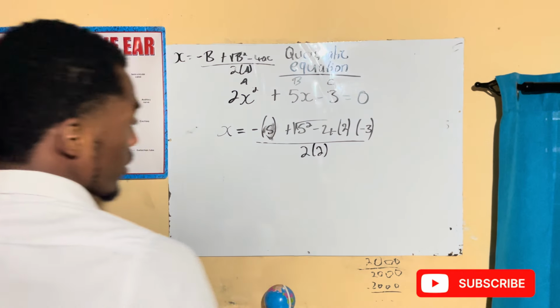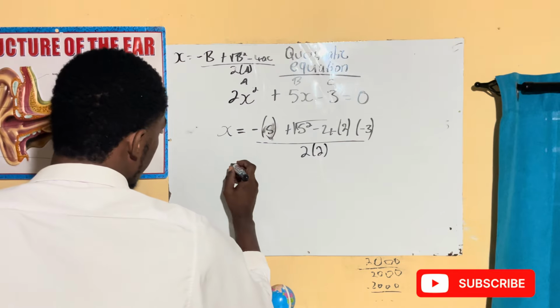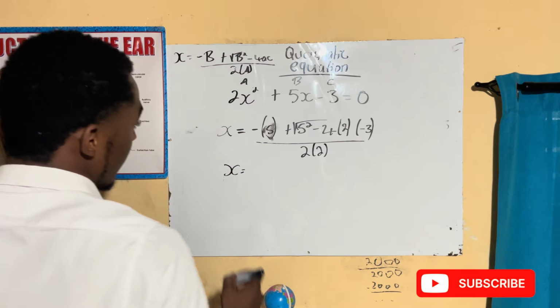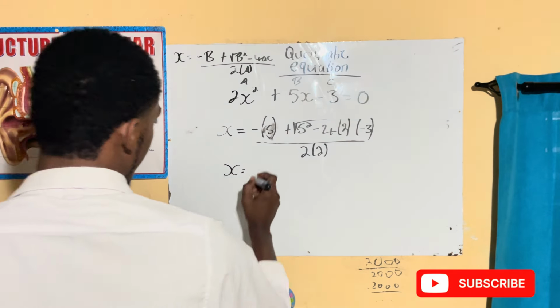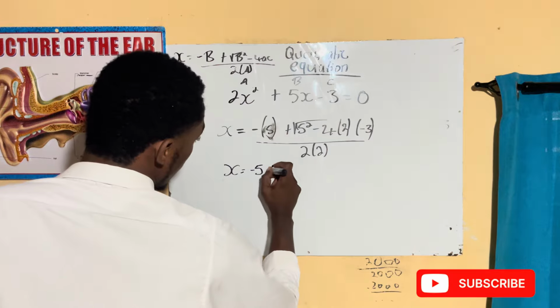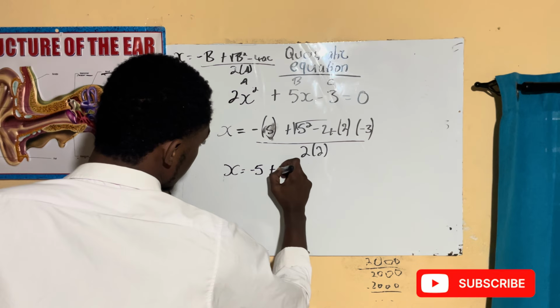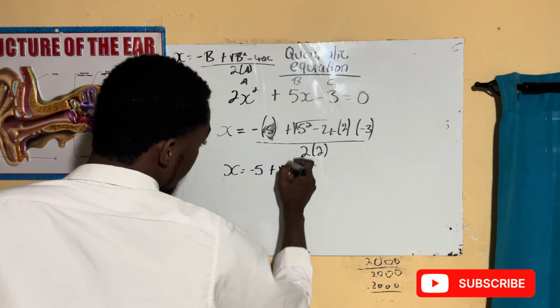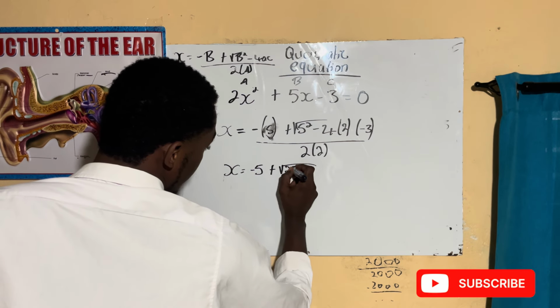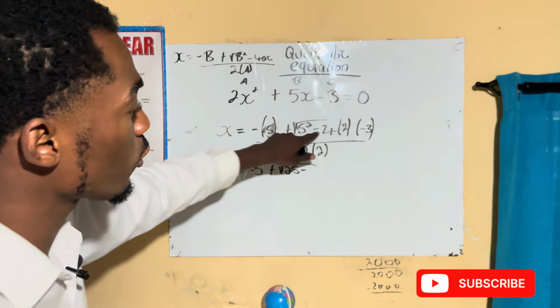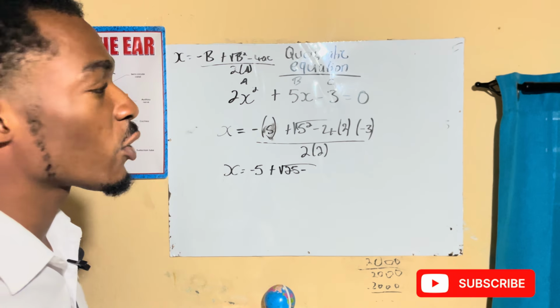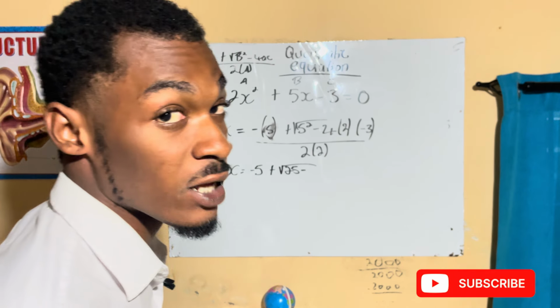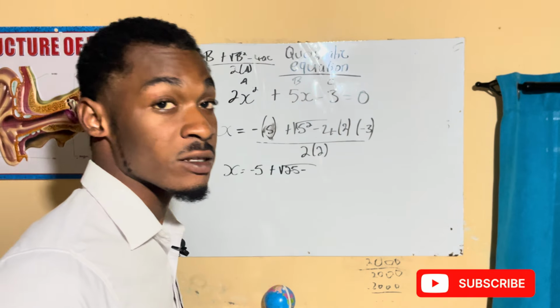So now we're going to work this out, people. x equals negative 5 plus the square root of 5 squared, which is 5 multiplied by 5, giving us 25, minus 4. And in algebra, brackets mean to multiply.